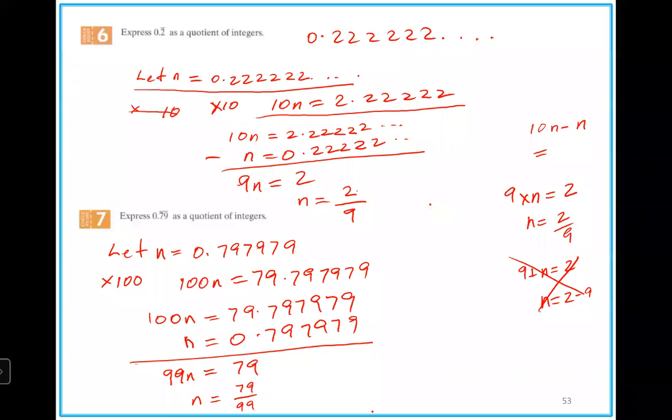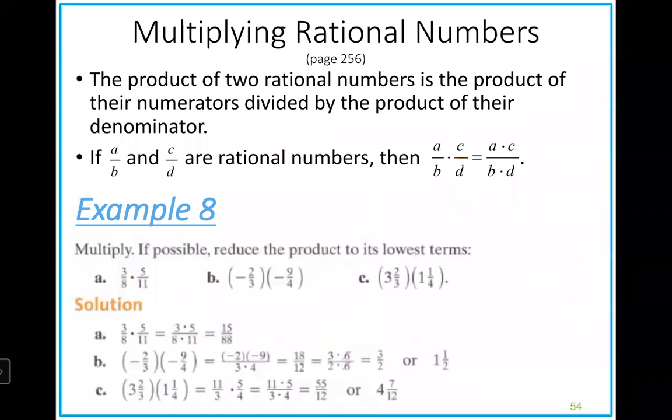All right, so moving on then. Multiplying rational numbers. If you remember how to multiply fractions, that's basically what we are doing here.